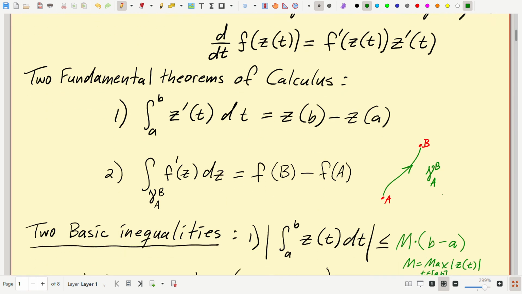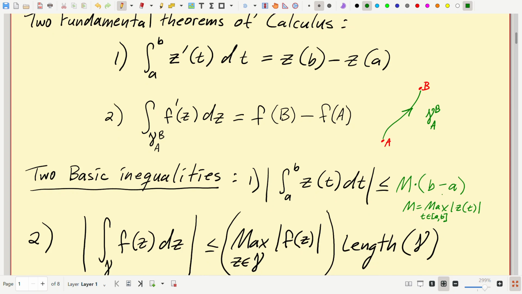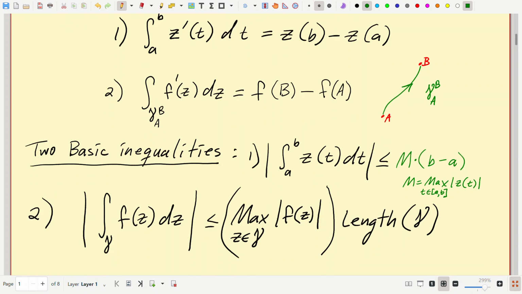Okay, and let's see. I proved the number one basic inequality there last time. That's a very simple thing. It's just taking the modulus of a Riemann sum and realizing you've got a triangle inequality. And so that basic estimate for that kind of integral is the maximum of the modulus of z of t along the curve times b minus a, the length of the interval. Okay, that's going to lead to the basic inequality number 2 for integrals along curves.